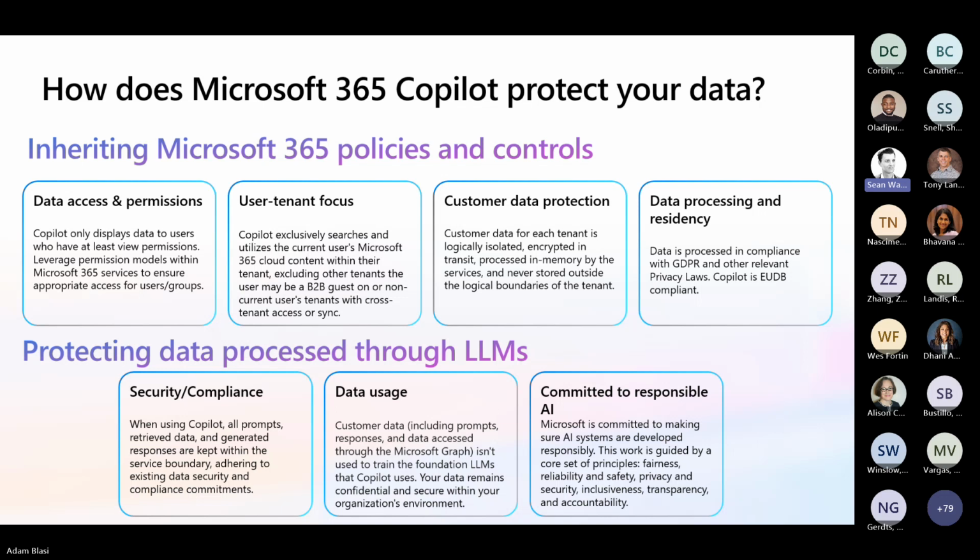The existing policies and controls you have with Purview, that maybe you haven't looked at before, are going to be crucial in making sure you have the control you want over what this technology can do. We're putting the capability into your hands to take responsibility for what data compliance and controls are in place. Next slide.